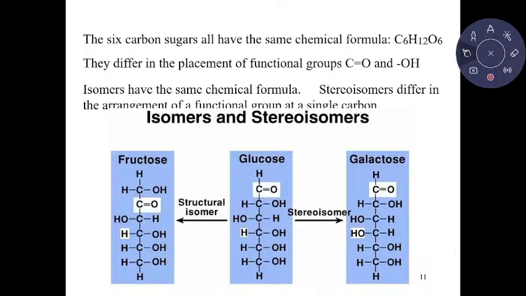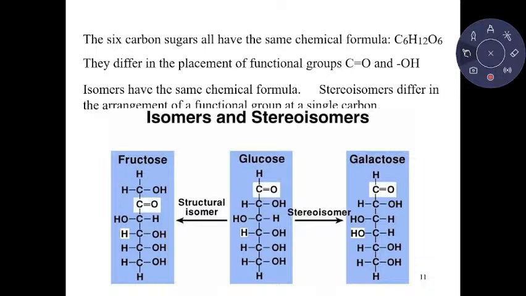Stereoisomers differ in the arrangement of the functional group at a single carbon. As we know from chemistry, we study isomers. The functional groups involved here are the carbonyl group, C double bond O, and the hydroxyl group, OH.